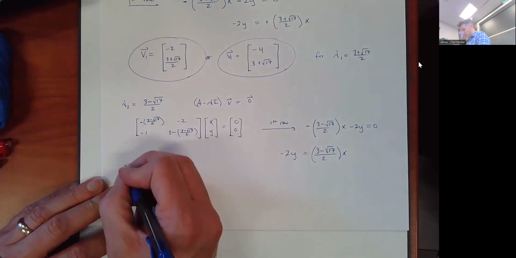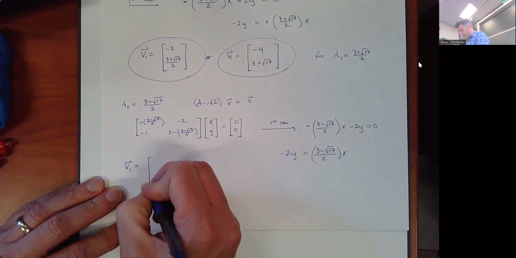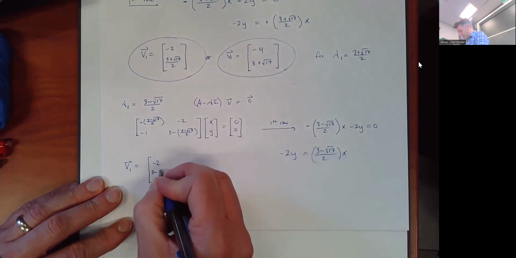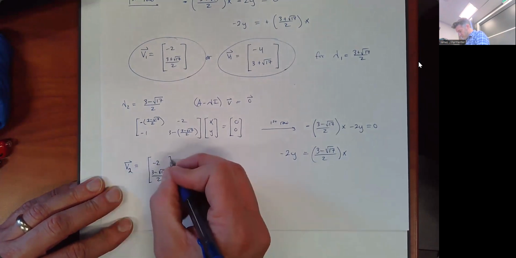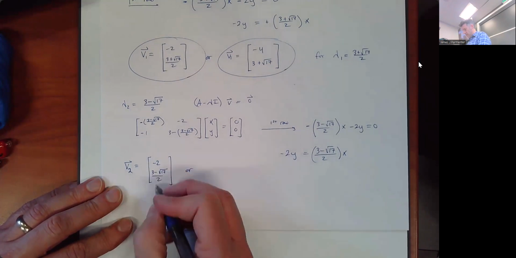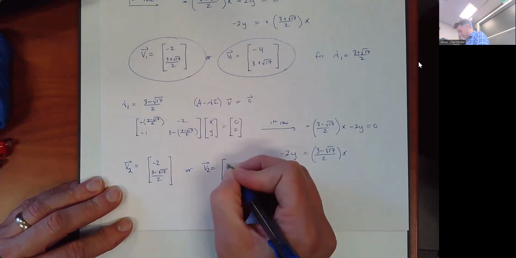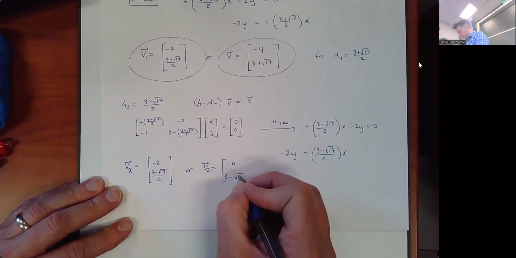Here, the eigenvector we could choose would be x equal to -2 again, y equal to 3 minus root 17 over 2. Oh, sorry, that's v2, not v1. Or if you're like me and you want to multiply everything by 2, you could say that our second eigenvector is -4, and then the second part is 3 minus root 17.